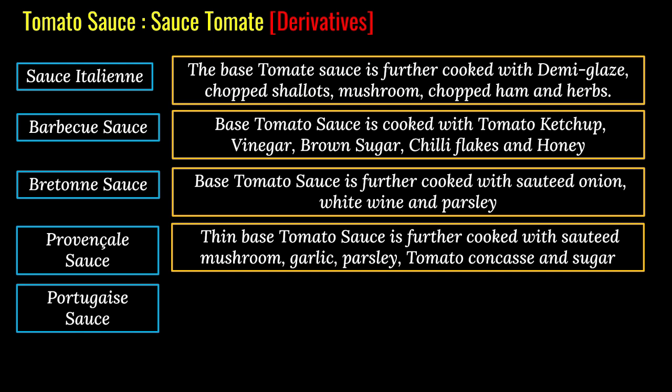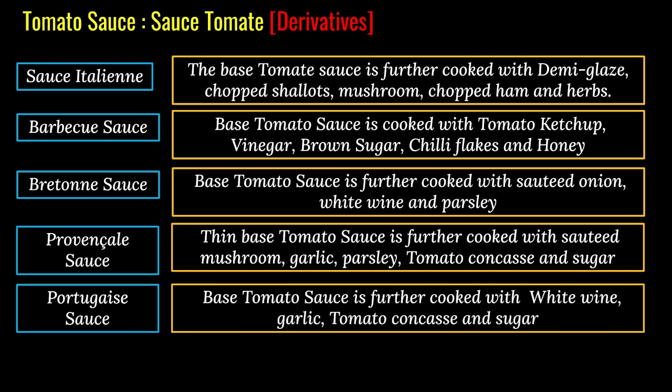And finally you get Portuguese sauce. Portuguese sauce is the base tomato sauce further cooked with white wine, garlic, tomato concasse and sugar. So these are the 5 derivatives of tomato sauce we have discussed.